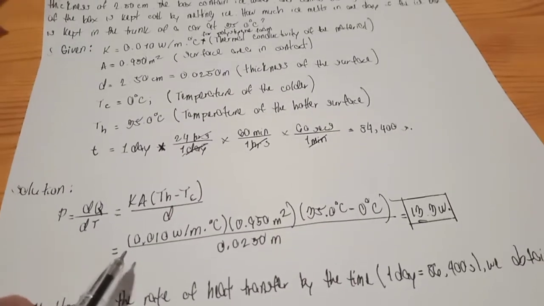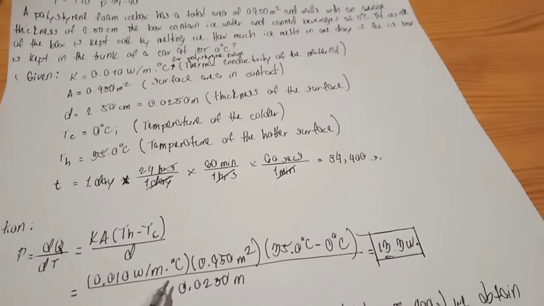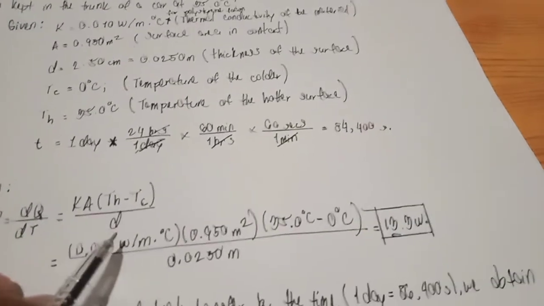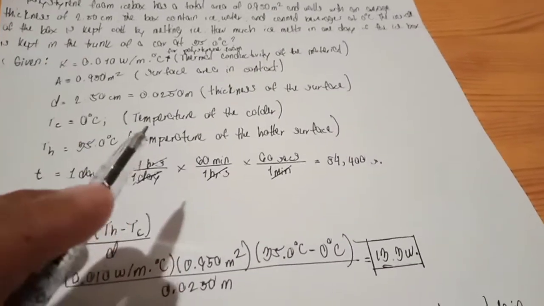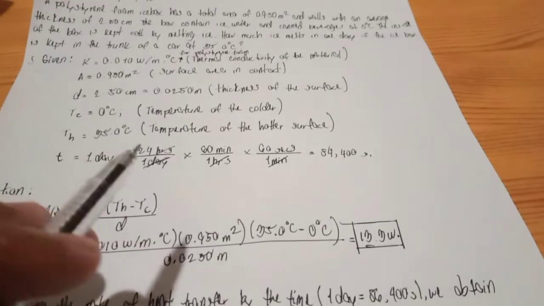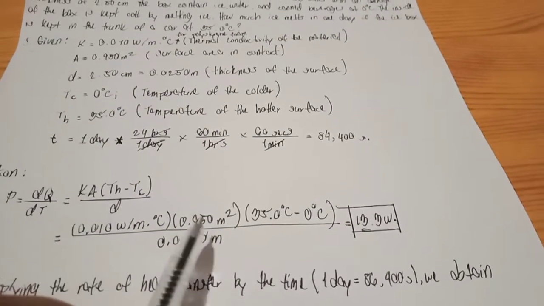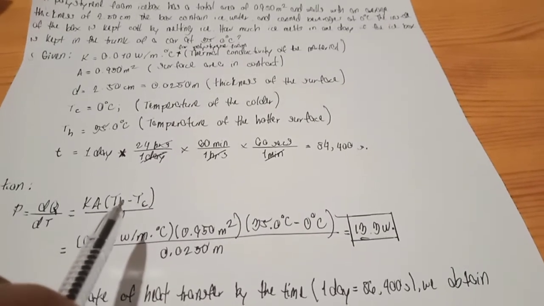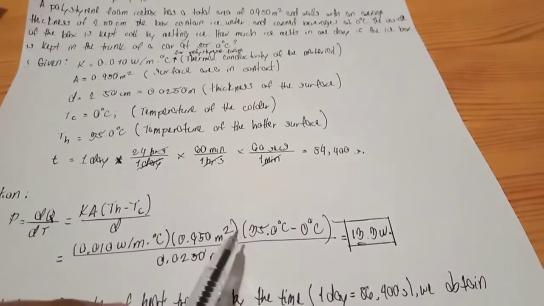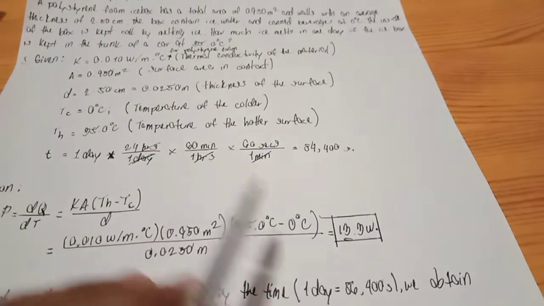So 0.0110 watts per meter degrees Celsius is the thermal conductivity of the material, times 0.950 m squared is the surface area in contact, times the hot surface at 35.0 degrees Celsius minus 0 degrees Celsius for the temperature of the colder surface.